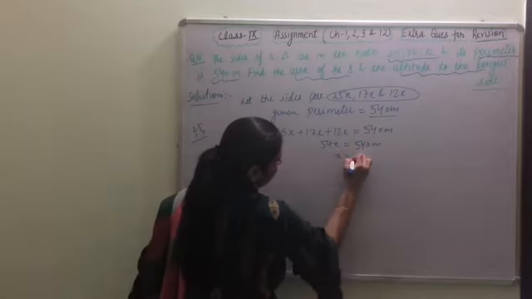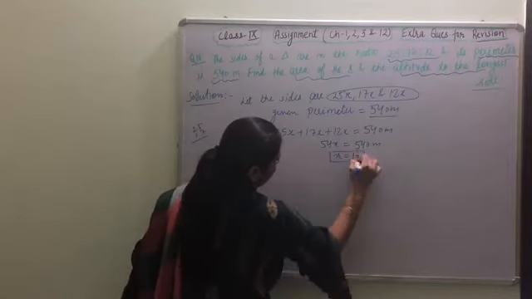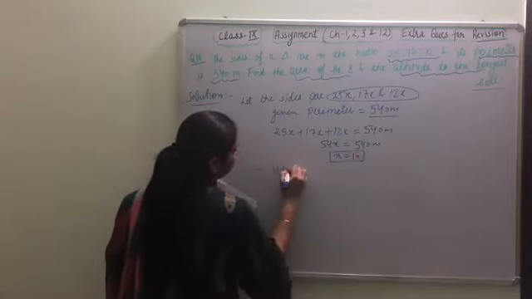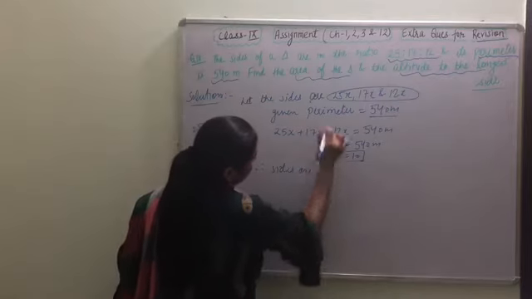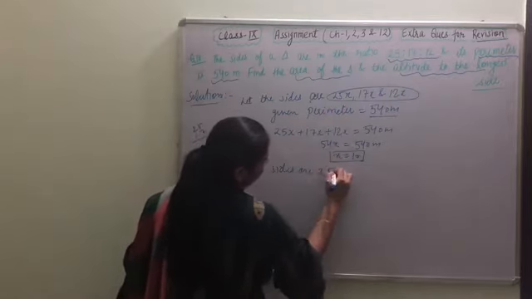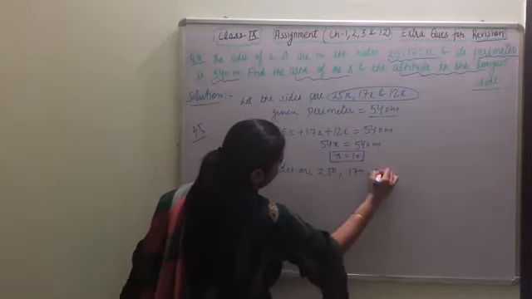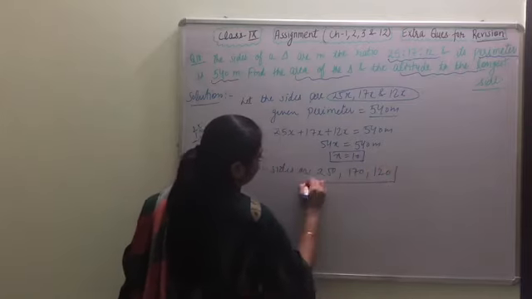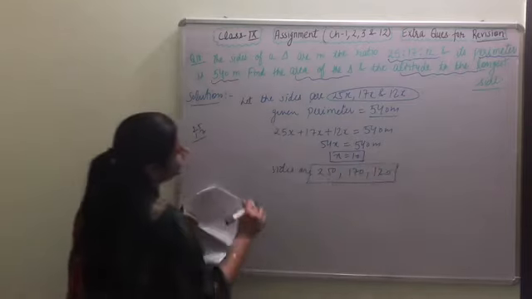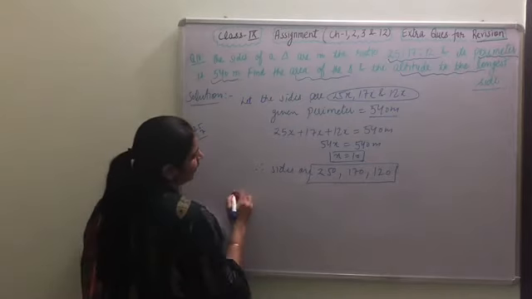So x is equal to 10. Therefore the sides are 250, 170 and 120.